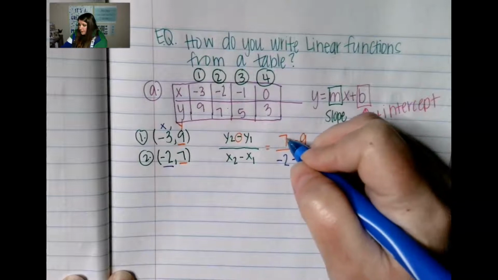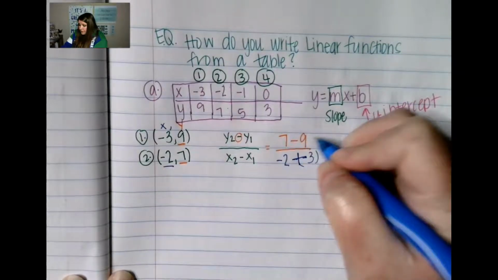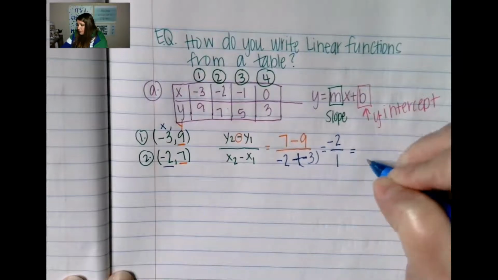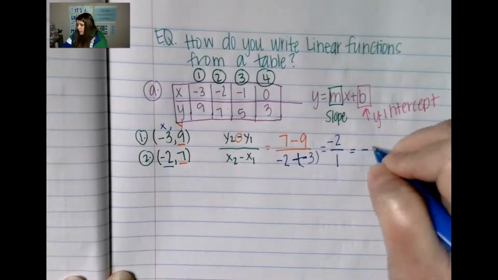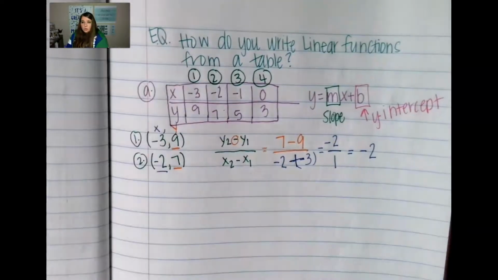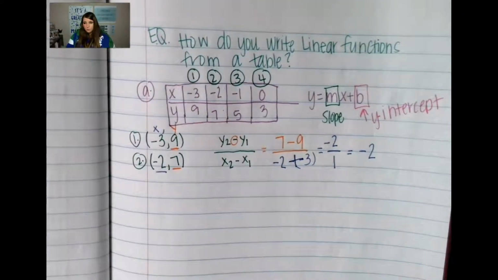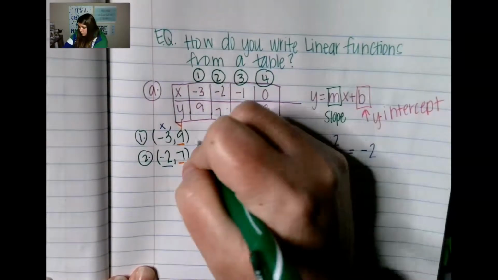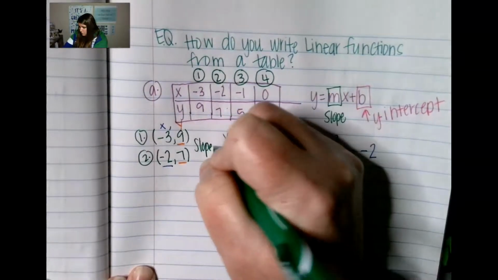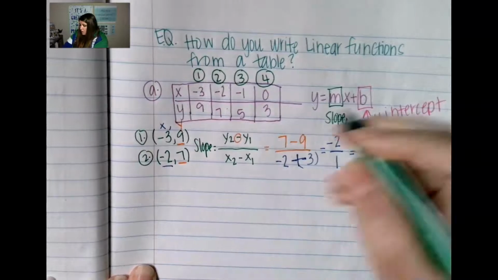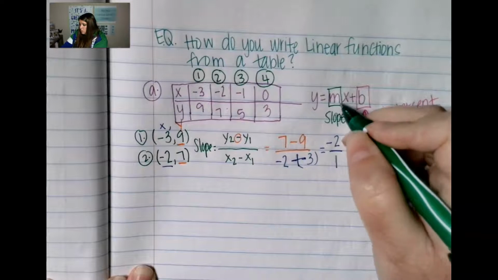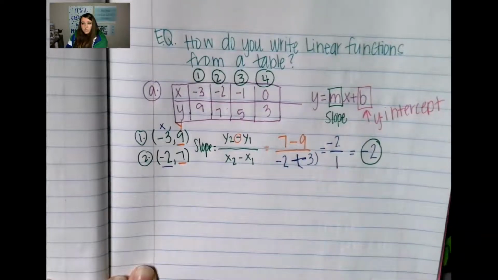And then I have 7 minus 9, which is -2. I can simplify this down and get -2. So my slope, all of this to find the slope, gives me -2. So slope is -2.